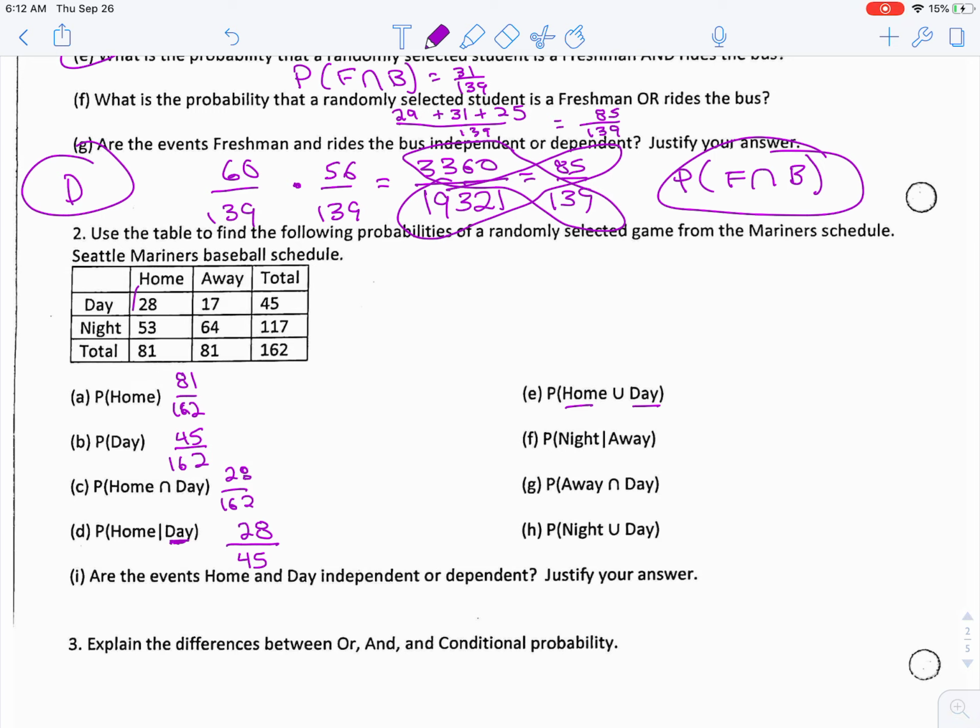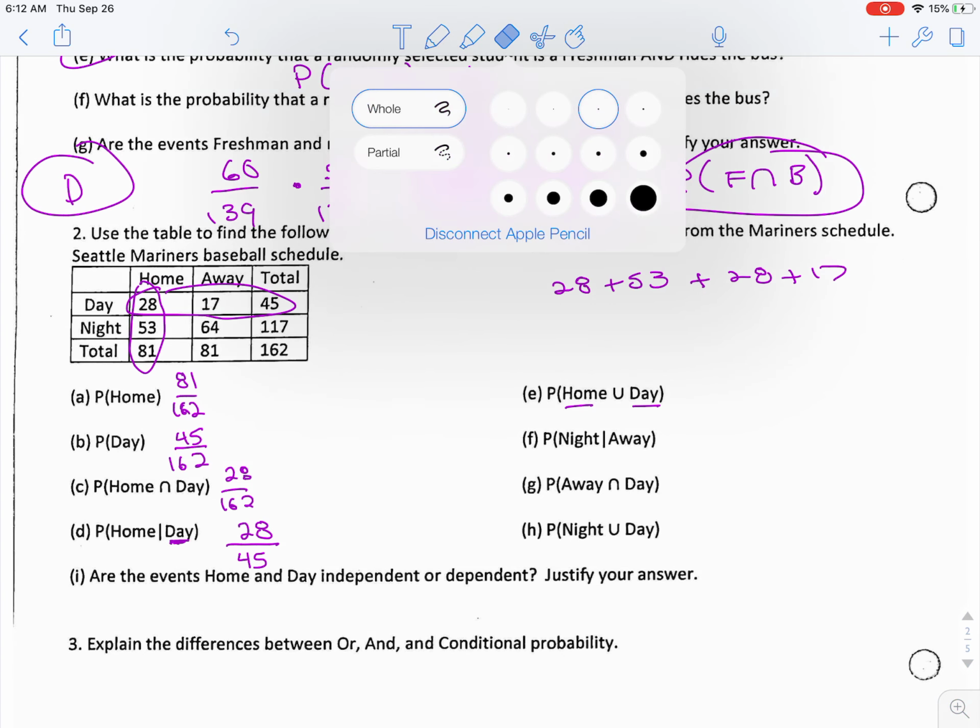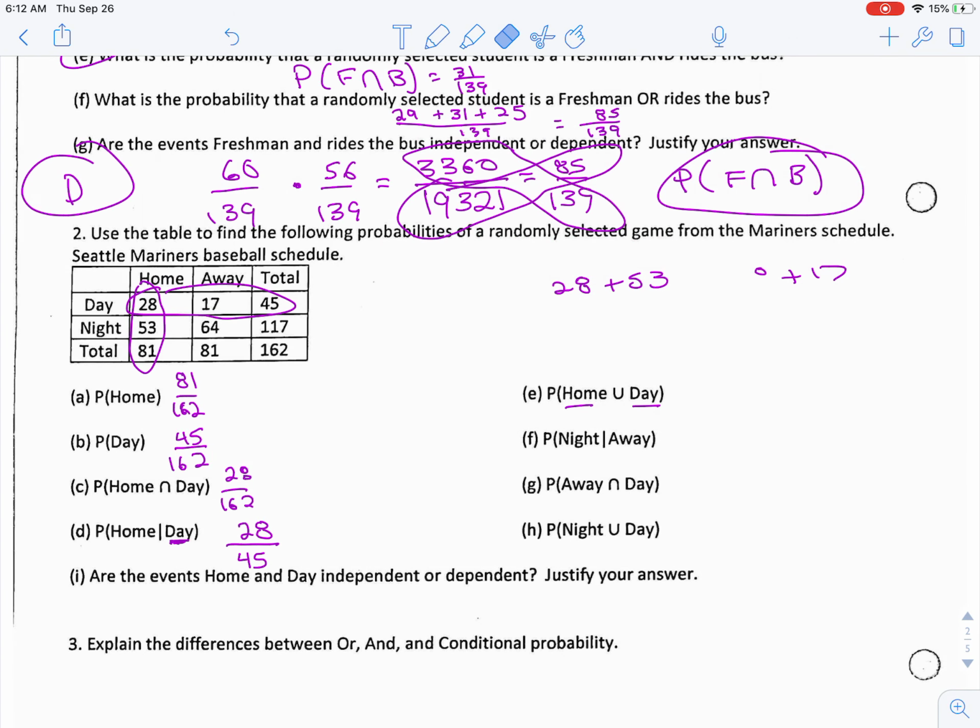My home games is 28 plus 53, and my day games is 28 plus 17. I don't want to count 28 twice. So what I get is 98 out of 162.